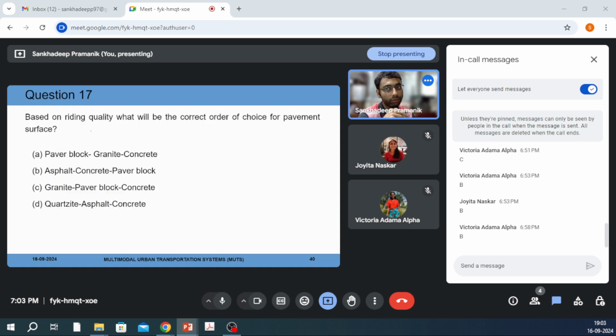Next is, based on riding quality, what will be the correct order of choice of pavement surface?